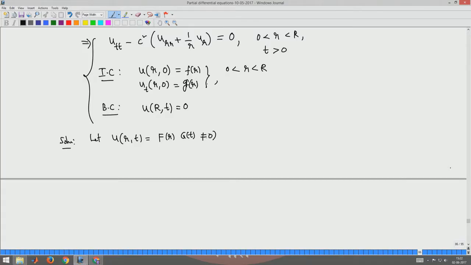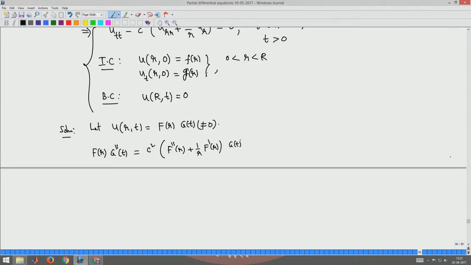If you look for a non-zero solution and substitute into the equation, what you have is F of r G double dash of t equal to c square times u r r, that is, F double dash of r plus 1 by r F dash of r, into G of t. That is a common term in both cases because it is only r derivatives.